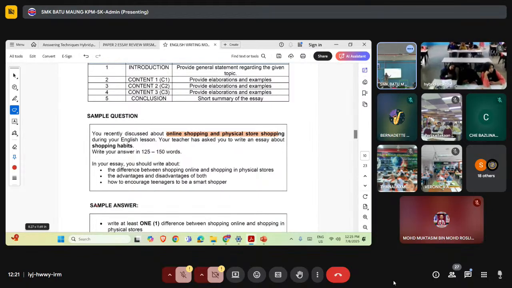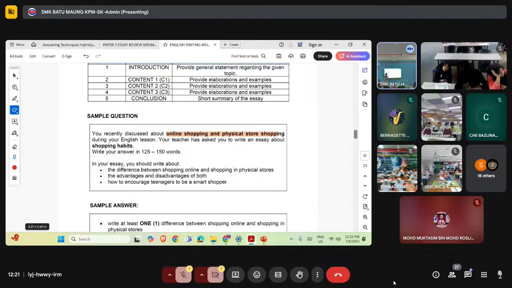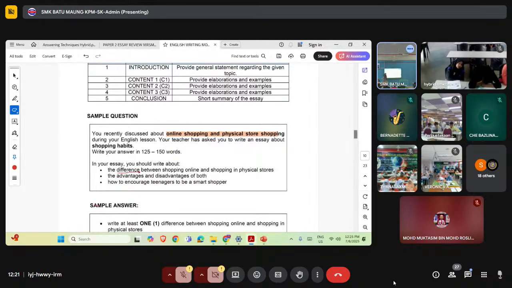If you give 1, make sure you give elaboration and examples. How many differences? Look at the noun here. Is it singular or plural? At least you can give 1 difference between shopping online and shopping in physical stores.